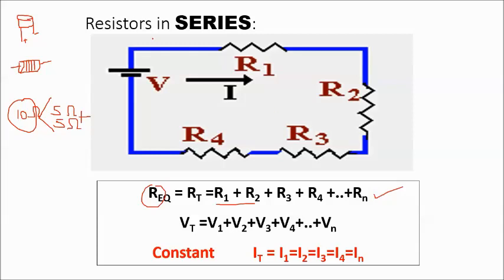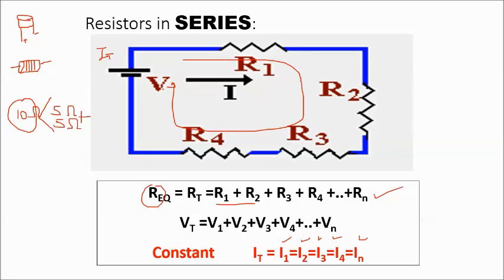Now, take note that in resistors in series, there is only a single path. Only one path for the charge to travel. Therefore, I total, whatever IT, is equal to I1, I2, I3, I4, and In if there are many R's.